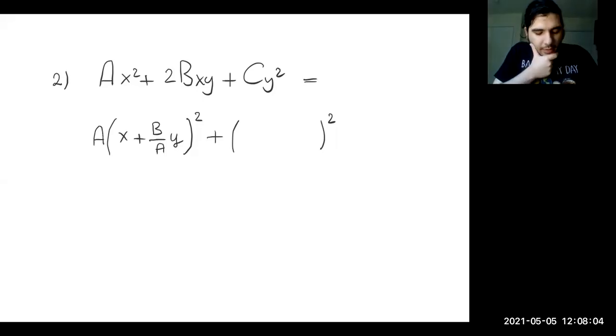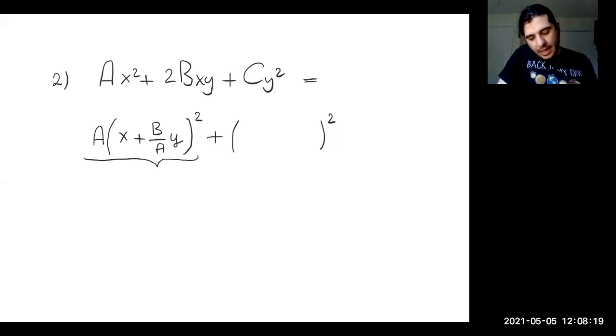Ah, I see. Let's see if there is any way we can make this work. So if we do that, the first thing would be ax squared plus b squared y over a plus 2bxy.